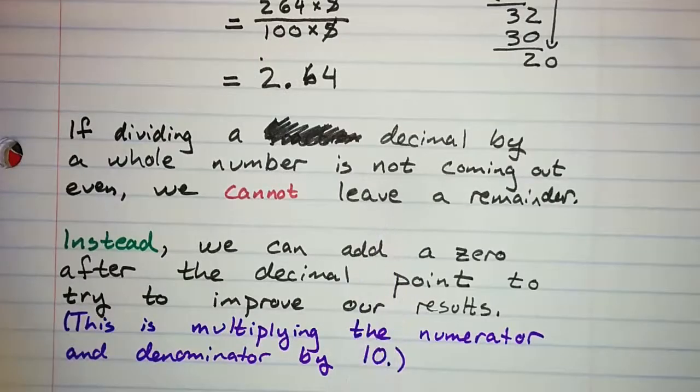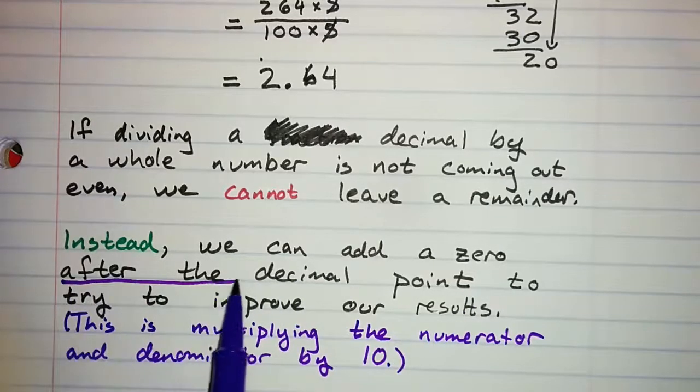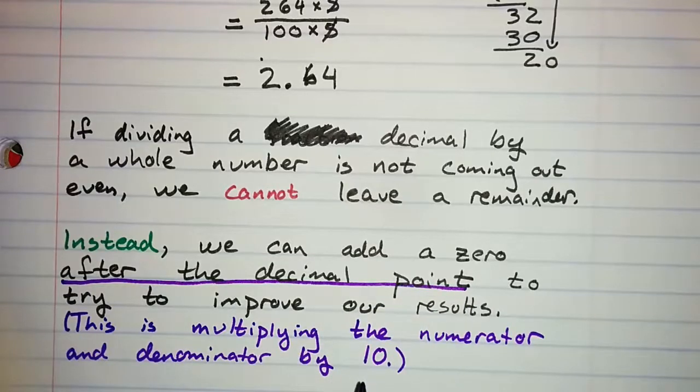Instead of leaving a remainder, this is what we do. We add on a 0 after the decimal point. This is crucial, right? Adding a 0 to the right of the decimal point doesn't change the value of our dividend. So we can add on a 0 to the right of the decimal point and see if we can get things to work out evenly.